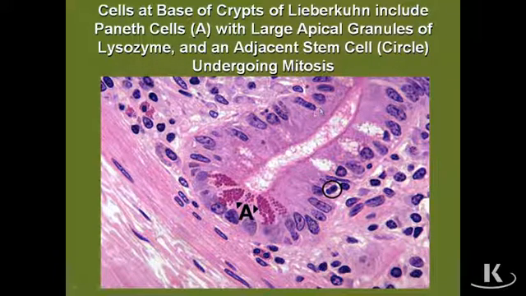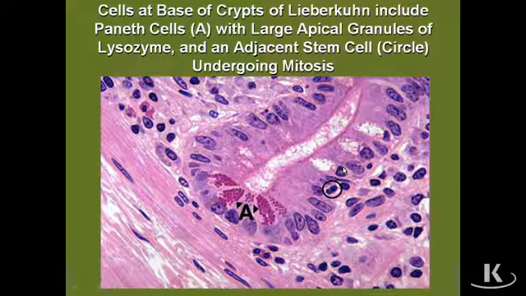And what you can see is much of the lining epithelium is formed by the somewhat eosinophilic staining enterocytes and the highly vacuolated goblet cells, because the mucus secretions are washed out during typical histologic processing. The other feature that's illustrated here, indicated by letter A, are the Paneth cells with the highly eosinophilic granules containing lysozyme and so on that are situated in their apical cytoplasm.